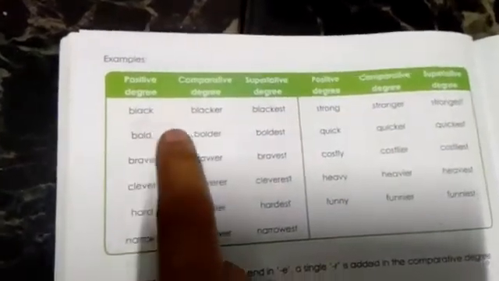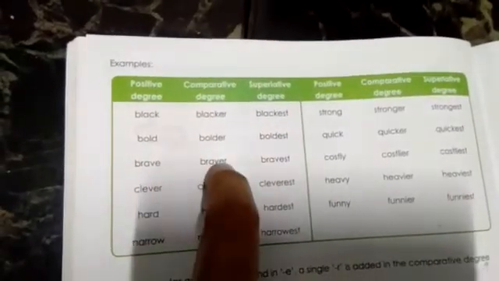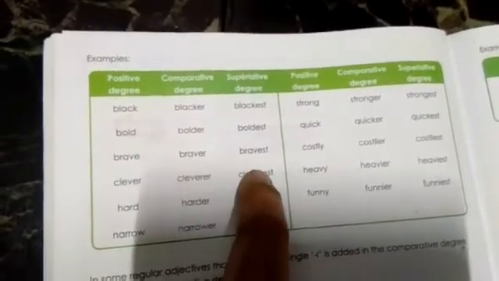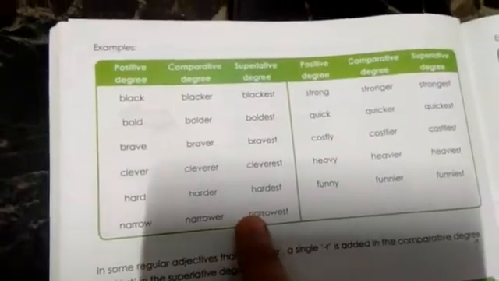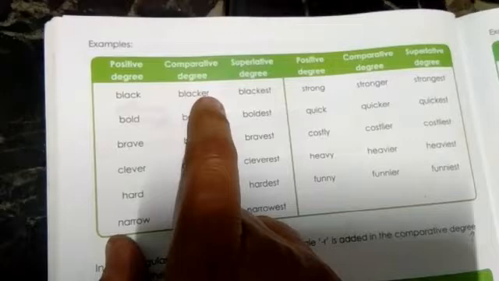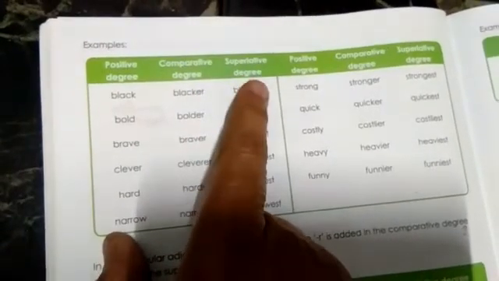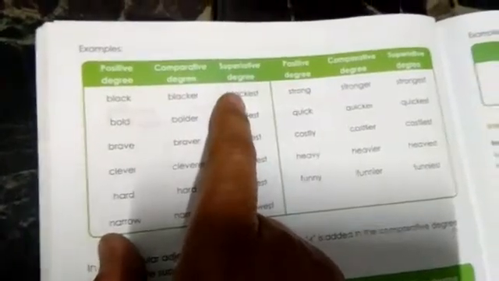Similarly, bold, bolder, boldest, brave, braver, bravest, clever, cleverer, cleverest, hard, harder, hardest, narrow, narrower, narrowest. So these are words wherein you add er to make it into the comparative degree and est to change it into the superlative degree.